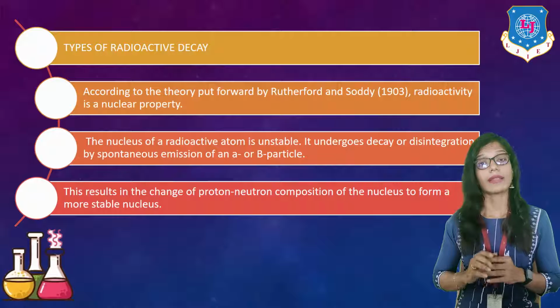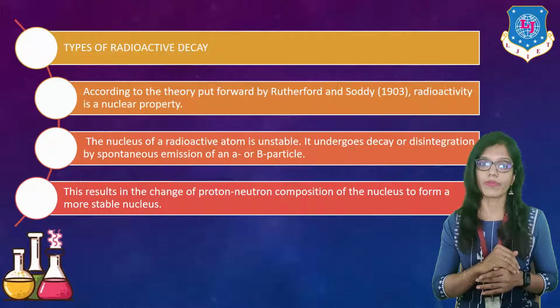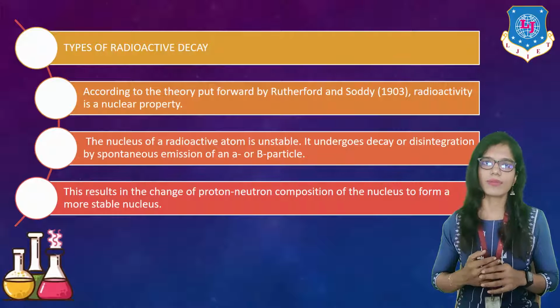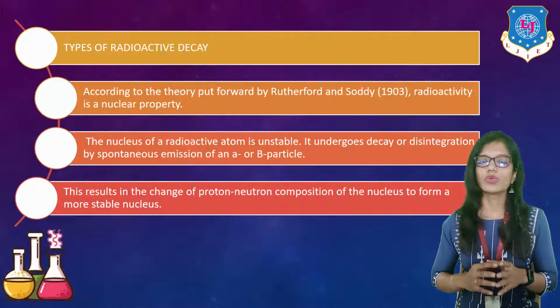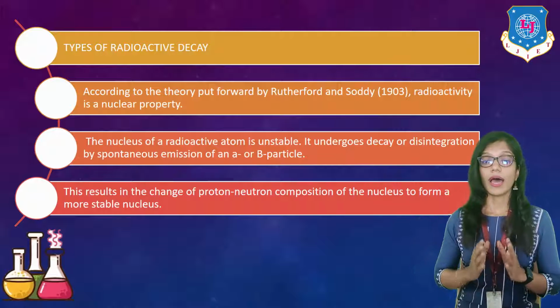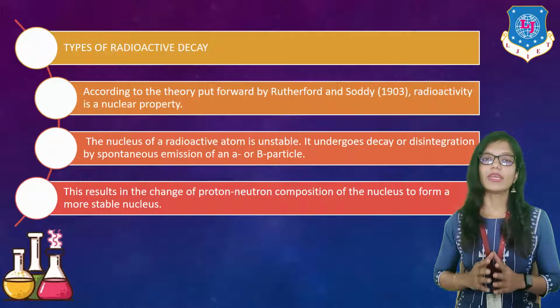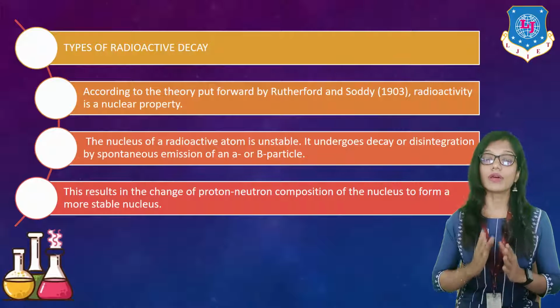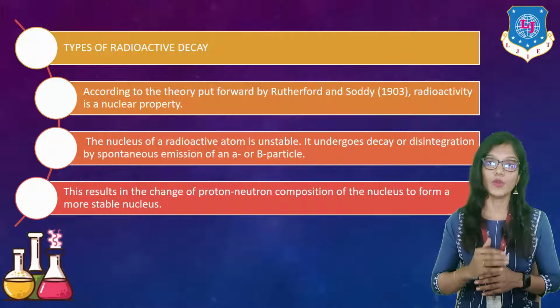That particular phenomenon is radioactivity. We will see it depending upon a theory. According to the theory put forward by Rutherford and Soddy in 1903, radioactivity is basically a nuclear property. It is the property shown by the atomic nucleus.